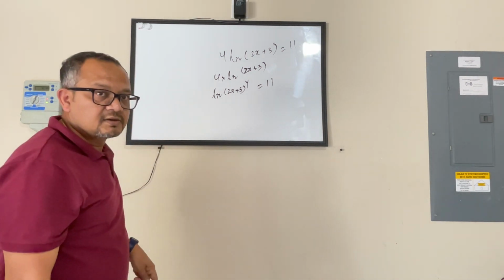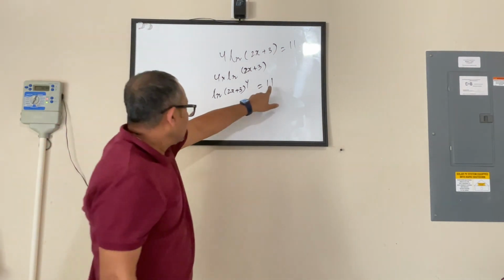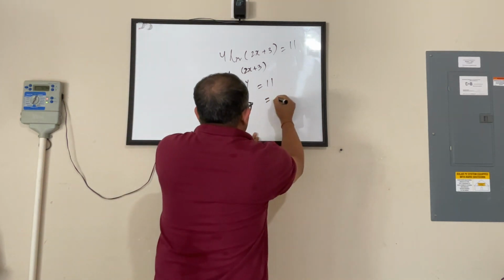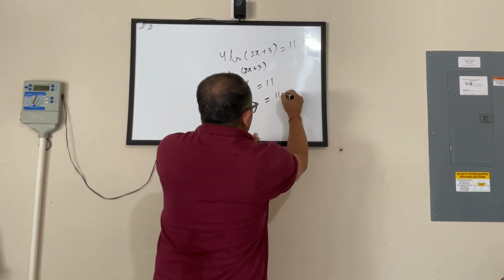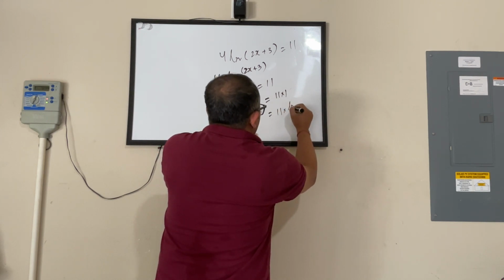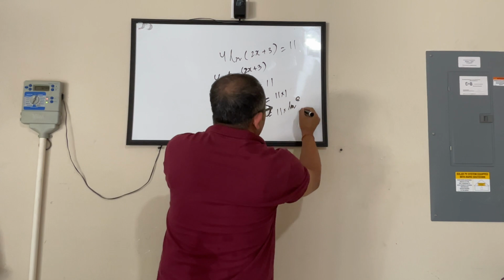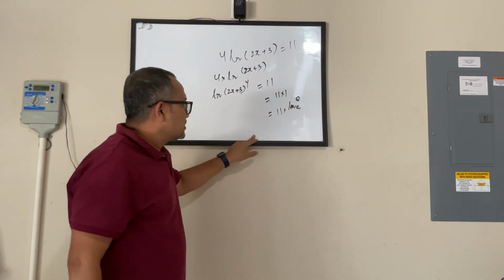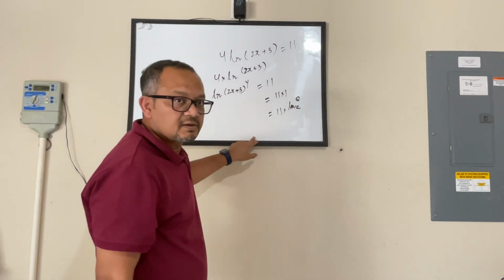Now, what does this 11 mean? 11 means 11 into 1, or 11 into natural log of e, base e.